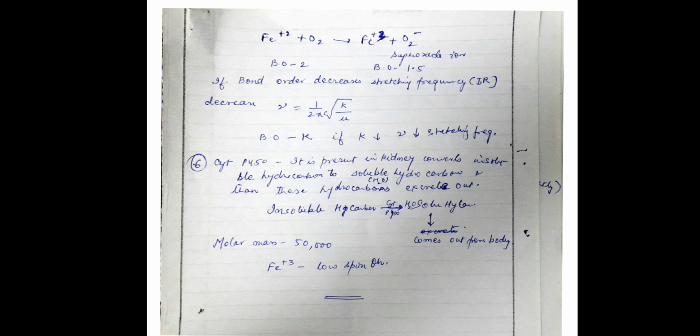In reaction terms: insoluble hydrocarbon, cytochrome P450, water soluble hydrocarbon comes out of the body. The molar mass of cytochrome P450 is 15,000, and iron +3 is in a low spin octahedral compound. So this is all about cytochromes. In the next video we will talk about iron sulfur proteins.